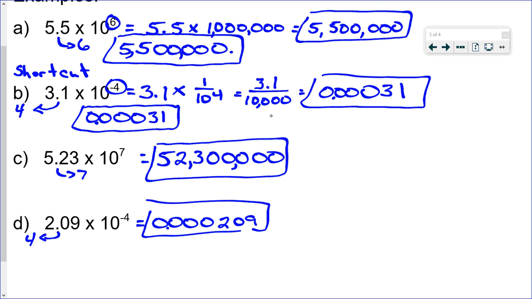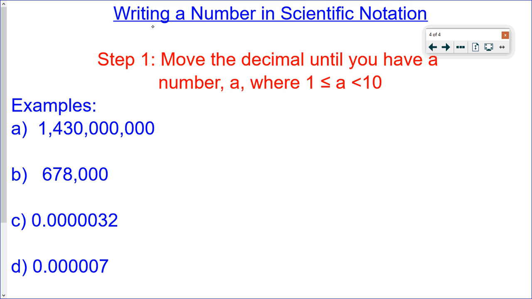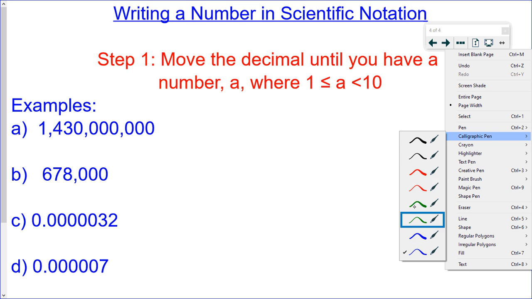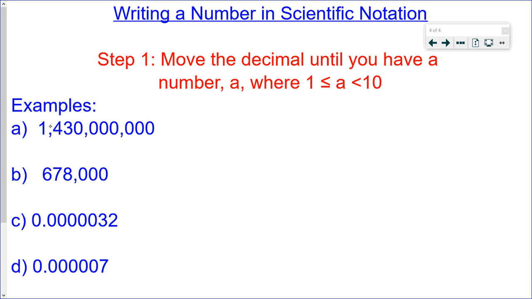So let's look at going the other way. All right, so what you want to do is move the decimal point until you have a number A. Remember that value A has to be greater than or equal to 1 and less than 10. So let's look at this one.